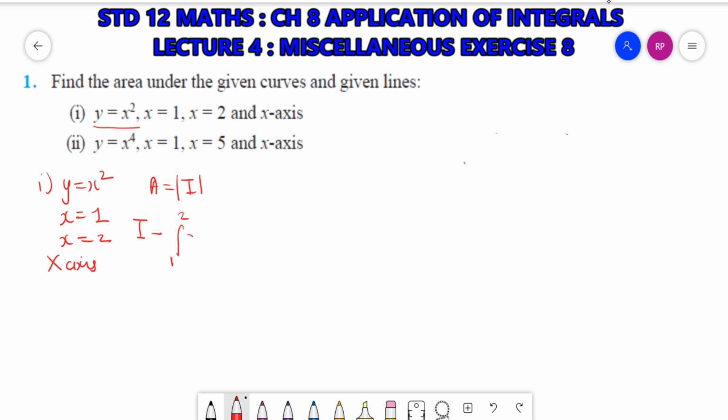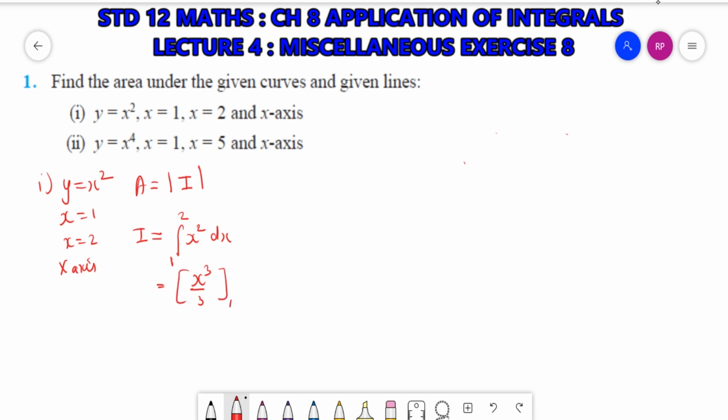Integration from 1 to 2 x square dx. So this will be equal to integration of x square, x cube by 3, from 1 to 2.